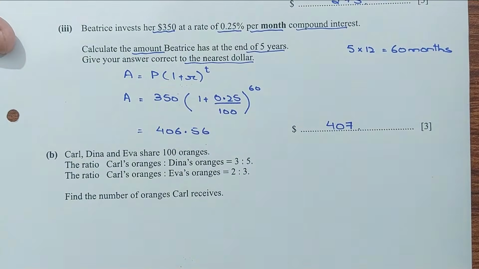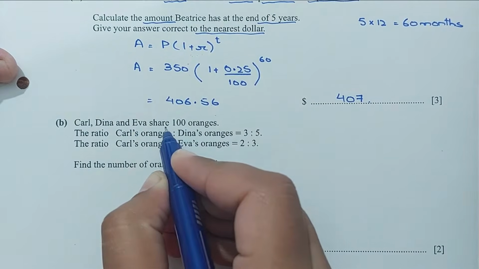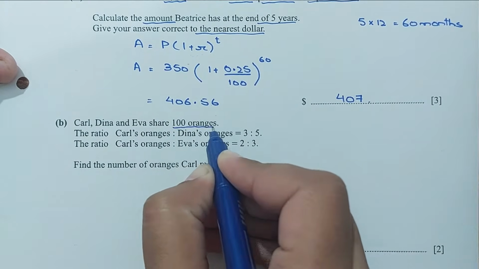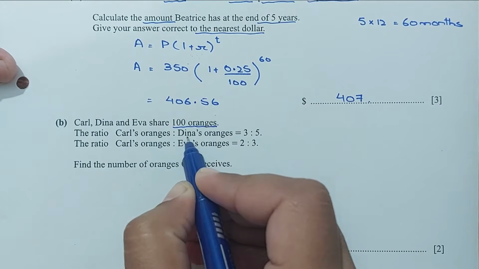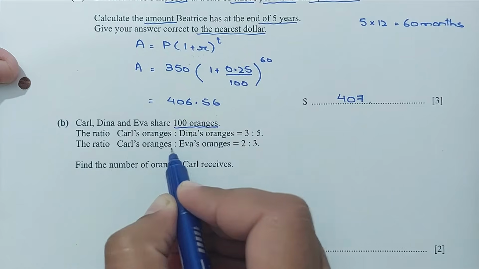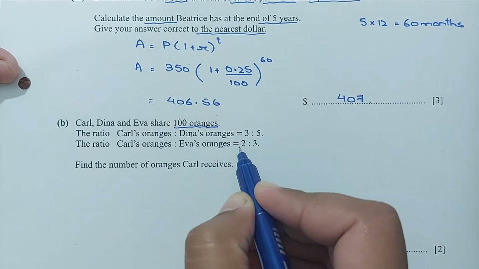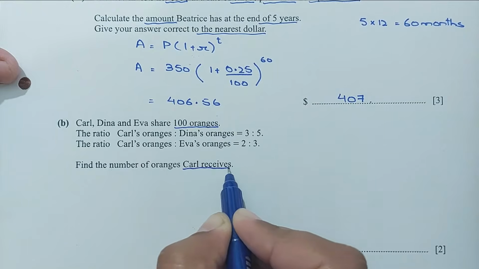Now for part B, Carl, Dana and Eva share 100 oranges. The ratio of Carl's oranges to Dana's oranges is 3:5. The ratio of Carl's oranges to Eva's oranges is 2:3. Find the number of oranges Carl receives.